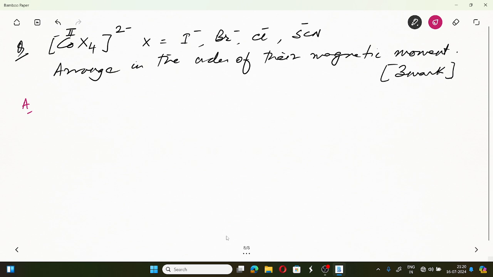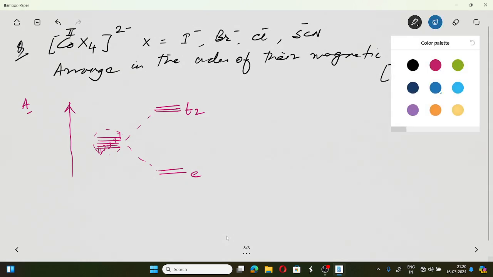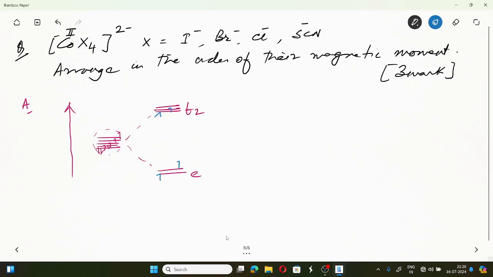D7 tetrahedral complex, isn't it? তাহলে D7 এর টেট্রাহেড্রালটা আমরা এঁকে নিই চট করে। So if you draw this for the D7 system, so this is the T2, আমরা একটু আগেই করলাম। দেখো, we can write these electrons 1 2 3 4 5 6 7.